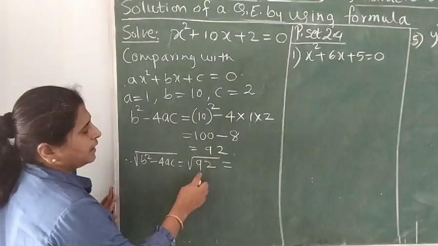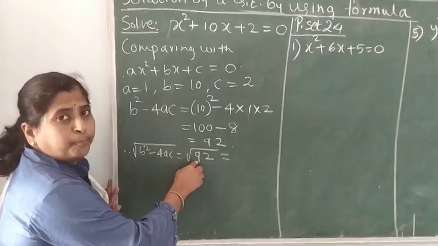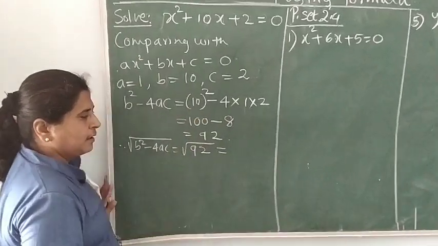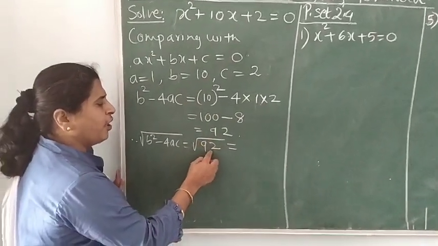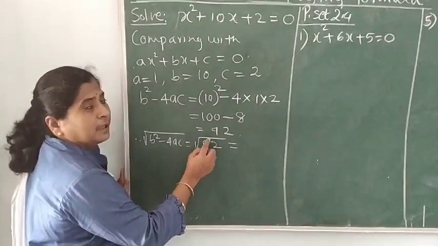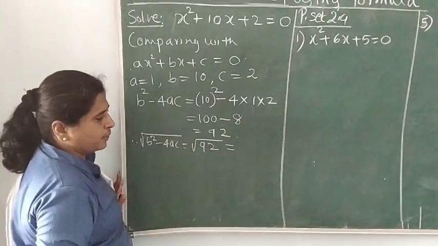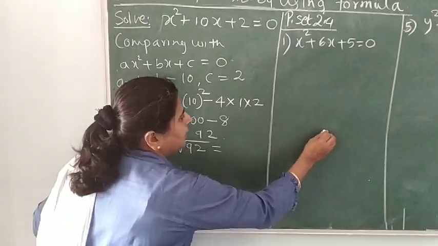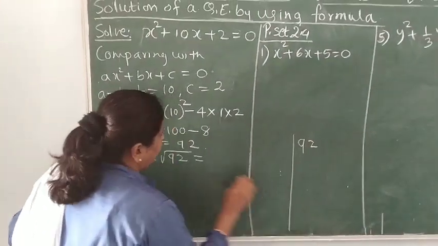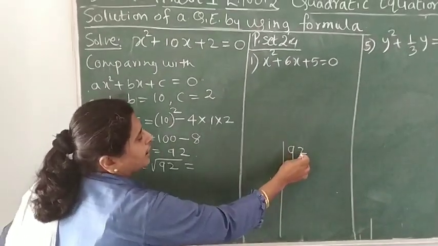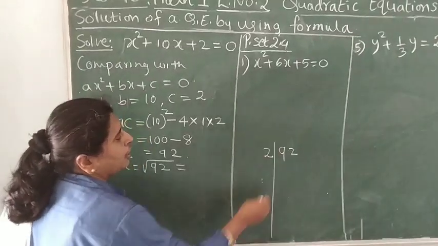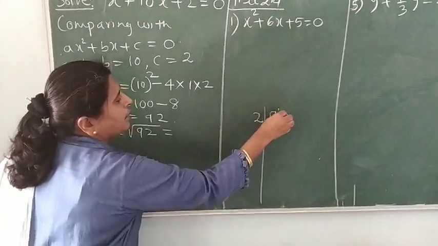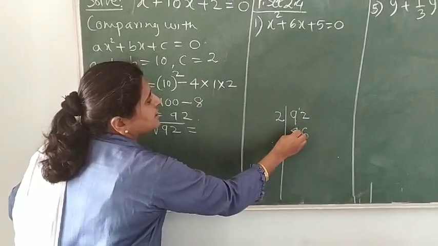Now we have to see, can we write this pure surd as a mixed surd? Means as it is a square root, can we have factors of 92 such that one factor is a perfect square? If you are not able to do it directly, you can do one simple thing: write 92 in rough and divide by whichever number you can divide. As here it is 2, you can divide it by 2. 2 4s are 8, 1 remains, 2 6s are 12, 46 you got.